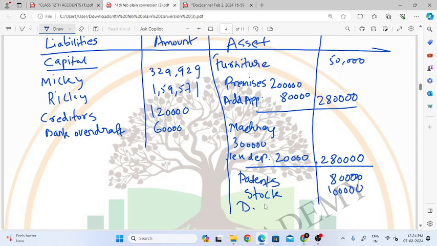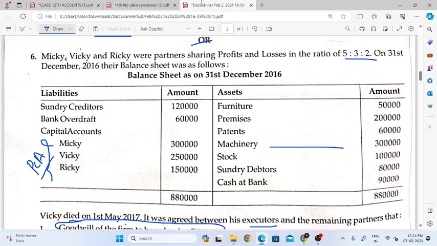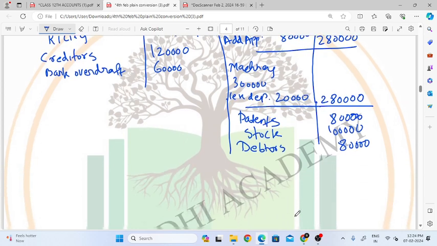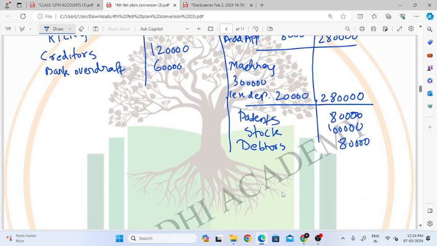Then debtors amount is 80,000, and cash at bank 90,000.